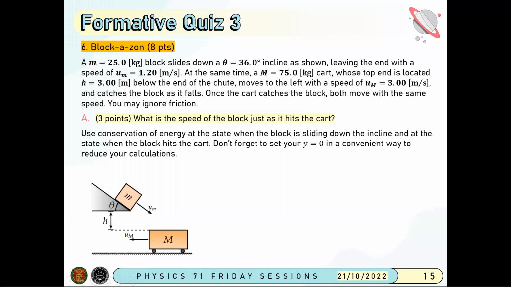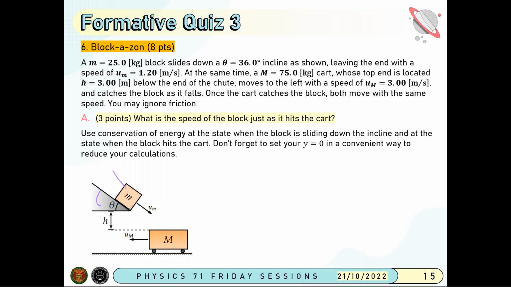Okay, number 6, Blackozone. A mass of m equals 25 kilograms block slides down an incline at an angle theta of 36 degrees, as shown. So ito yung mass m sliding down with an angle theta, leaving the end with the speed of u sub m.